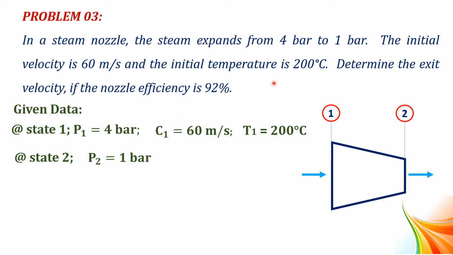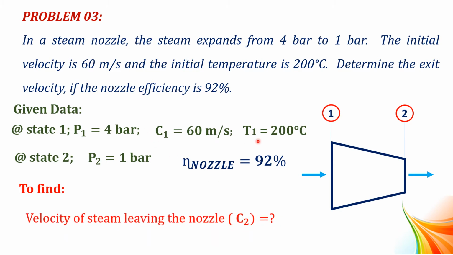And the initial temperature is 200 degrees centigrade, so T1 equal to 200 degrees centigrade. Determine the exit velocity if the nozzle efficiency is 92%. You have to find out the velocity of steam leaving the nozzle, C2.